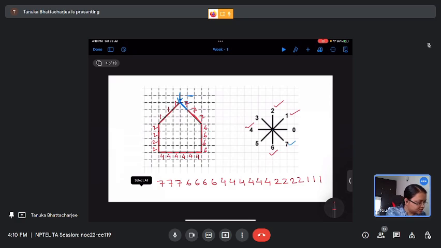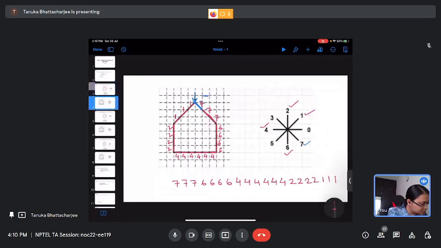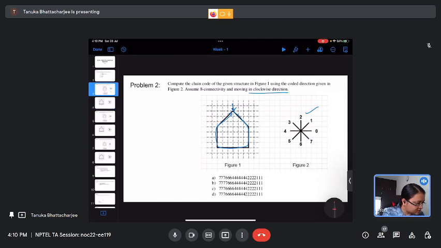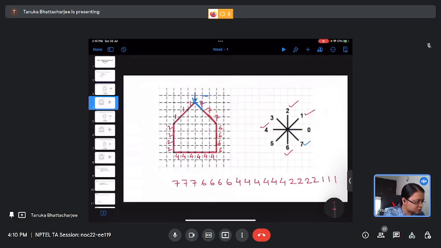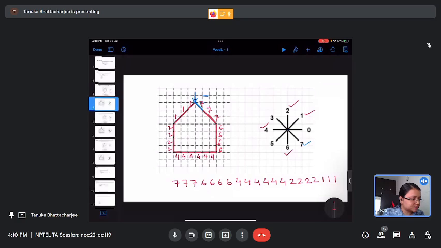So if you go back to the options that were given, you have 3 7s, then 4 6s, then 6 4s, 4 2 3 1s. So option C is your right answer. So that is the chain code for this particular figure.